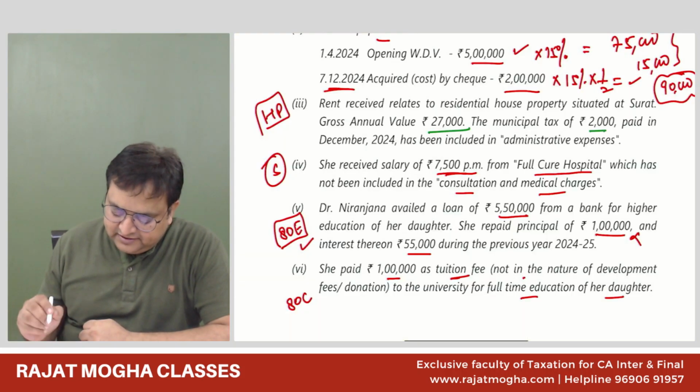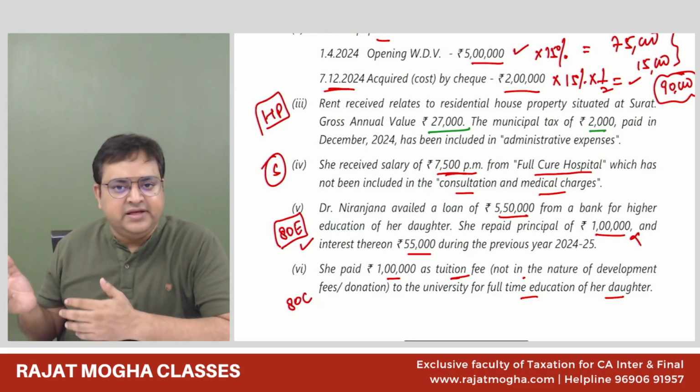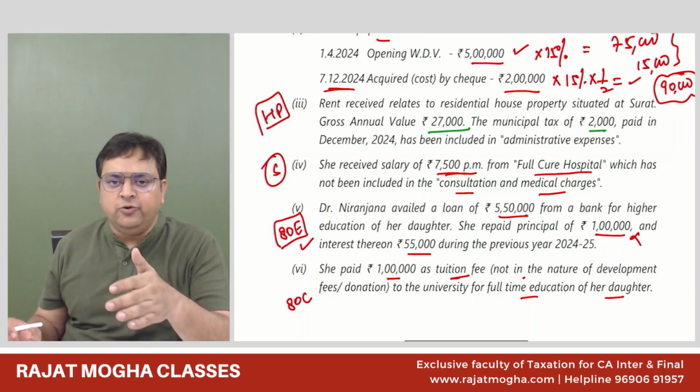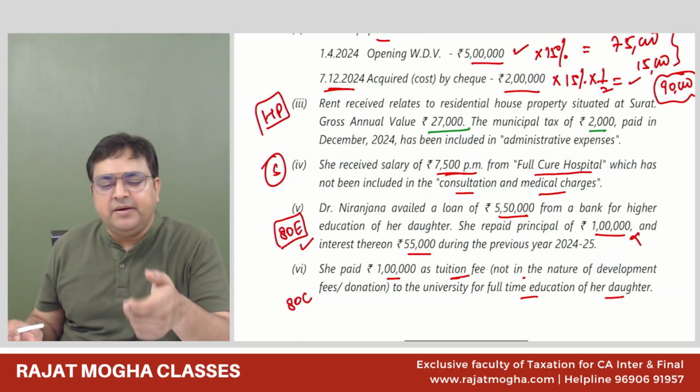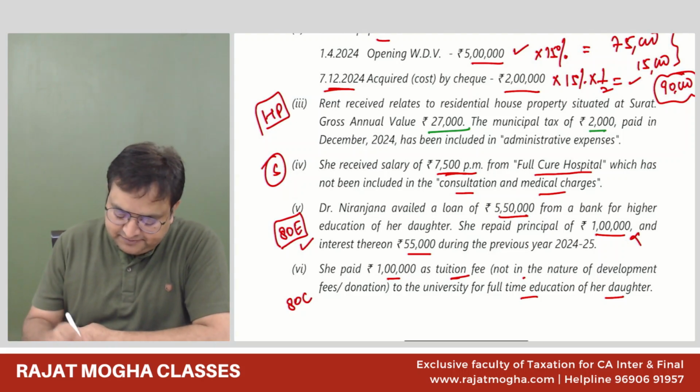Only municipal taxes which are paid during the year. If you have paid the municipal taxes after the year, it will not be allowed in house property. In house property, municipal taxes are allowed only on payment basis. So whatever payment you have made during the year only, correct? So 2,000 she has paid as municipal taxes.